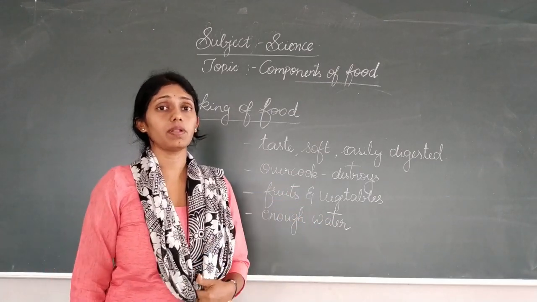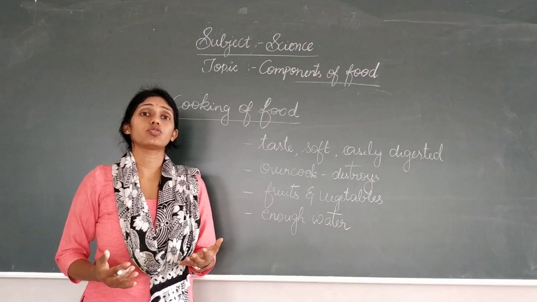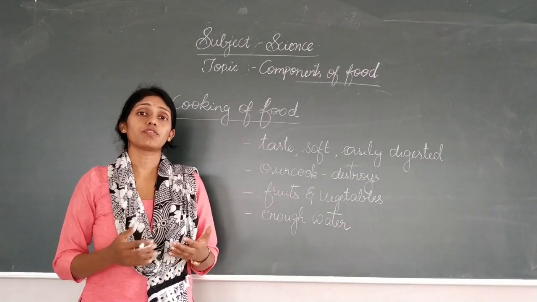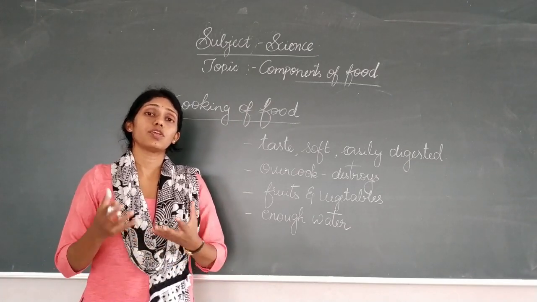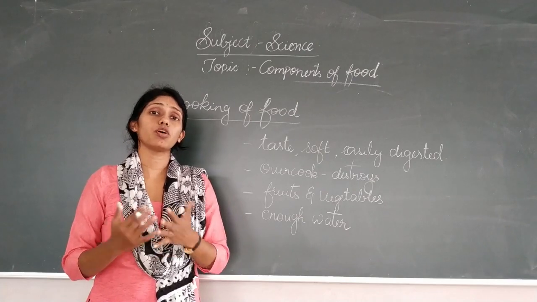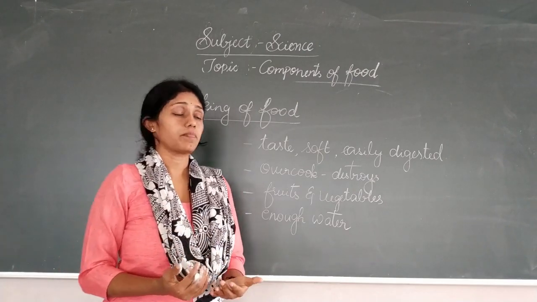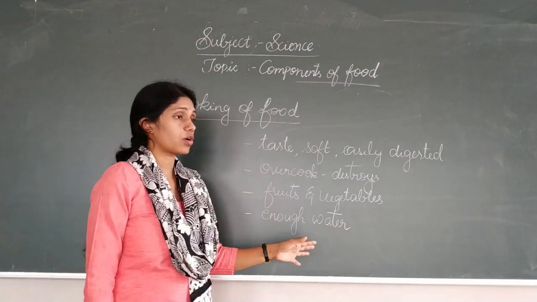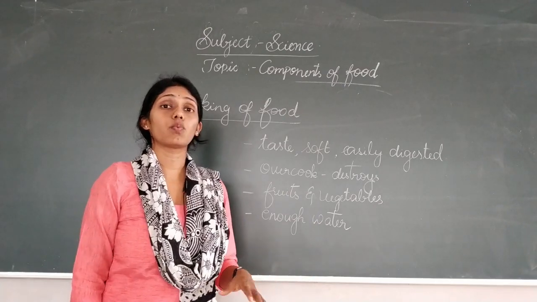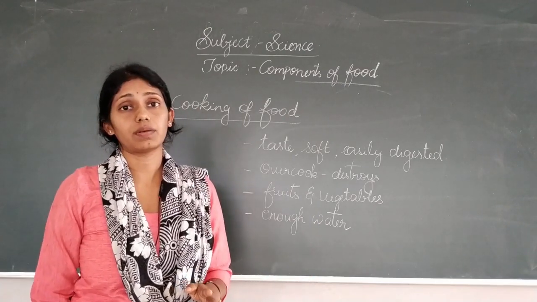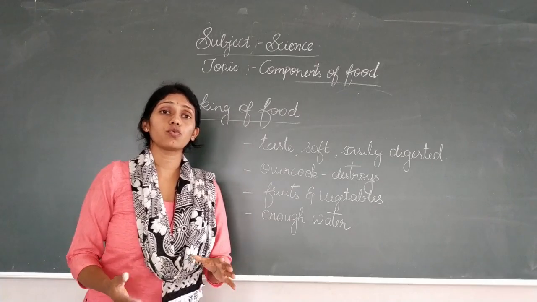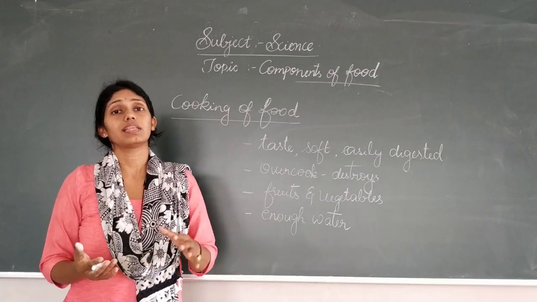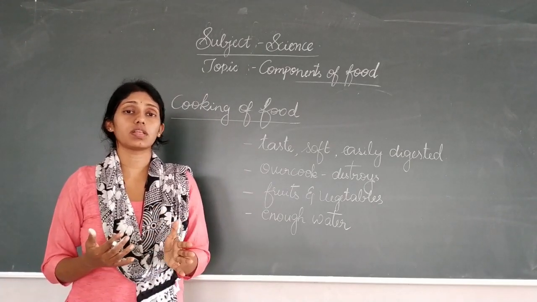The raw vegetables or the fruits we eat, we should wash them before cutting them. Okay? So the fruits and vegetables should be washed before we eat them. And then enough water. We should use enough water to cook the food items. Got it, children? If we use more and more water, the nutrients will be lost in the water.